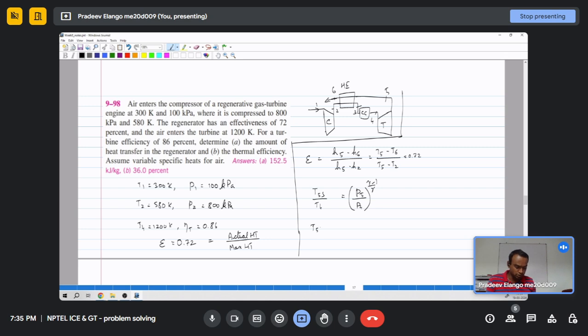So T5s is T4 into P5 by P4 power gamma minus 1 by gamma. T4 is given as 1200 Kelvin, and P5 is at lower pressure, that is 100 kilopascal, by P4, which is the same as the P2 pressure, that is 800 kilopascal. Power gamma minus 1 by gamma is 0.4 by 1.4. Can you calculate T5s?